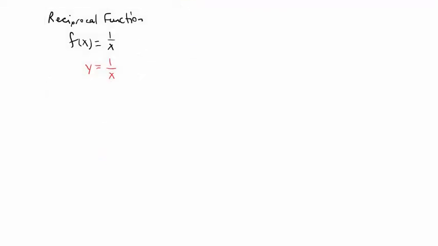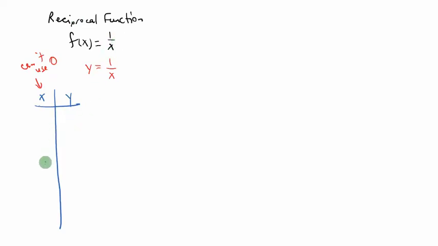So we have this equation, y equals 1 over x, and we want to graph it. And so for this function, we cannot plug in 0 for x, so we can't use 0. All right? So what types of numbers can we use?